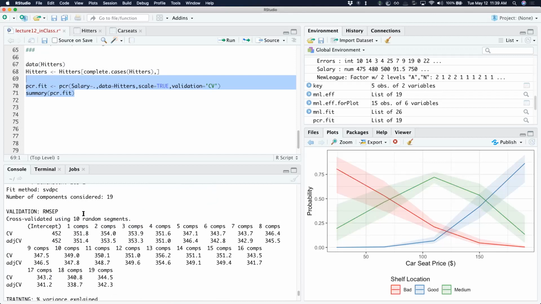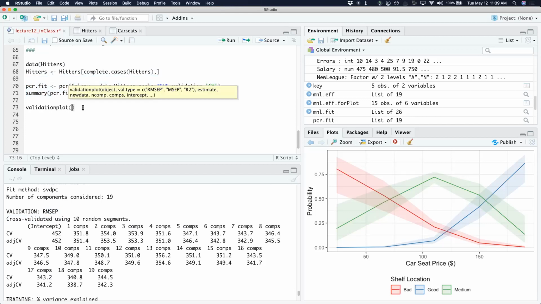And what it's showing is these numbers are the root mean squared error cross-validated across 10 random segments. And let's show what that looks like qualitatively.